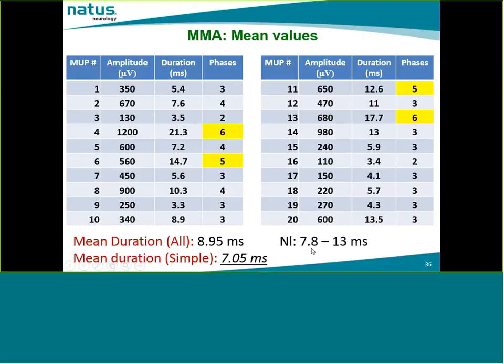The normal range is 7.8 to 13. So using this, the mean duration is abnormal for the simple MUAPs. Professor Bushthal described that in patients with myopathy, excluding polyphasic potentials can increase the diagnostic yield. And therefore, we often look at the mean durations of simple potentials and mean duration of all potentials.